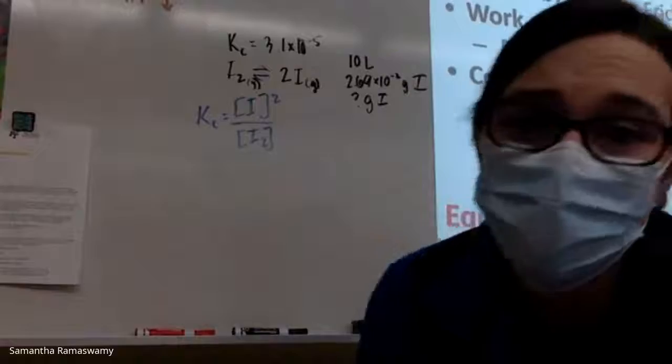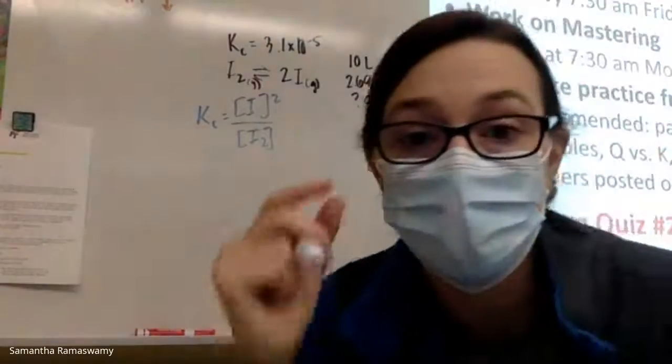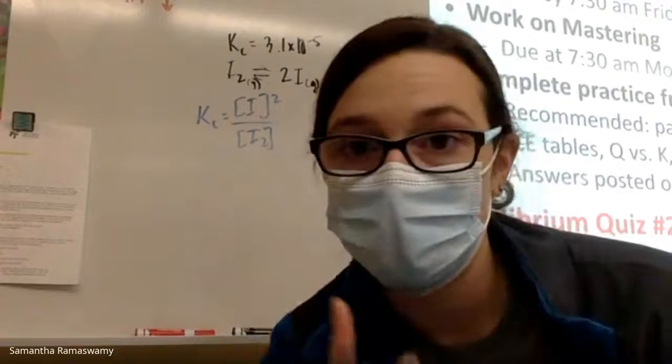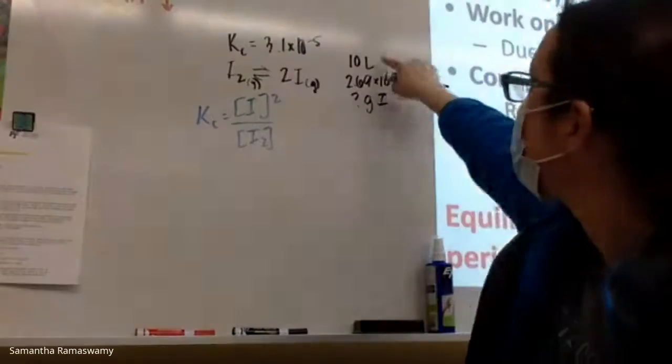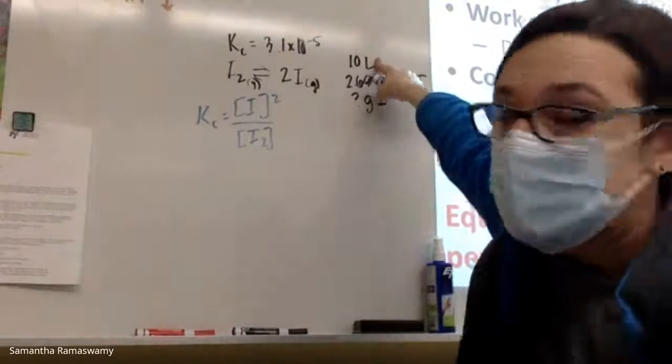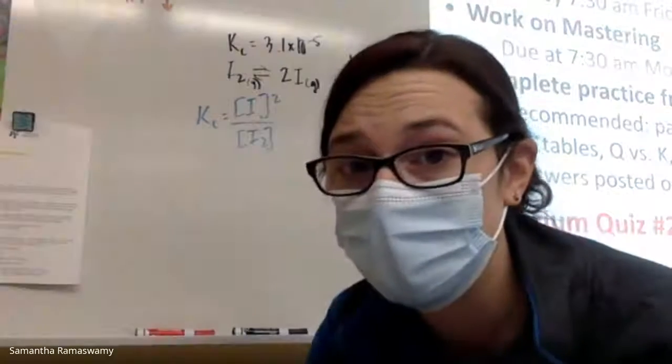Now I did Kc because they gave me Kc. Now brackets mean molarity. I have grams and liters. So before I can plug into the Kc expression, I need molarity.